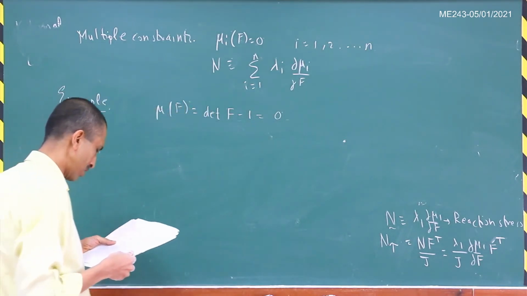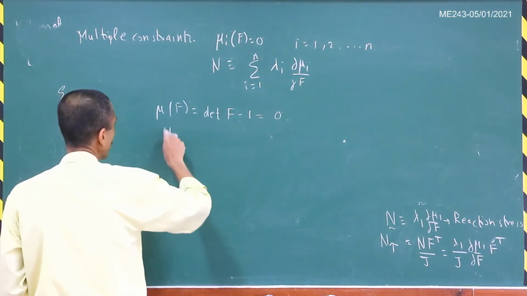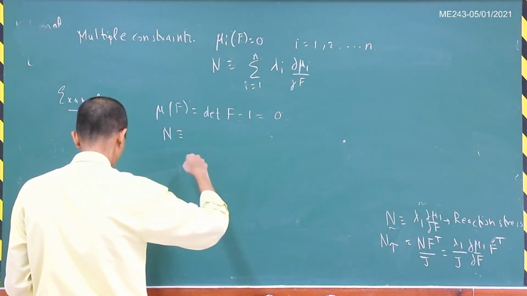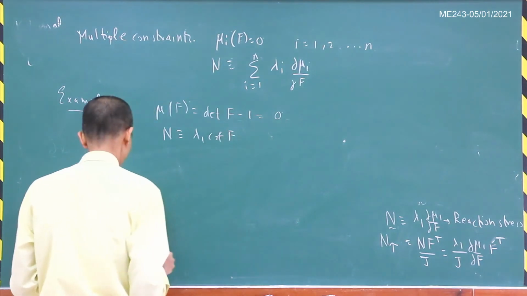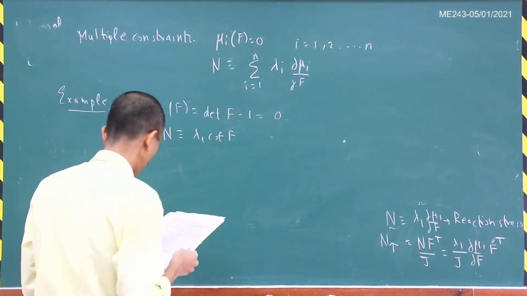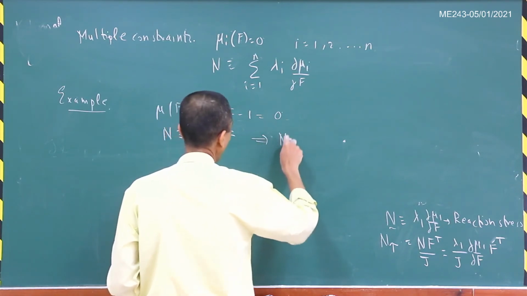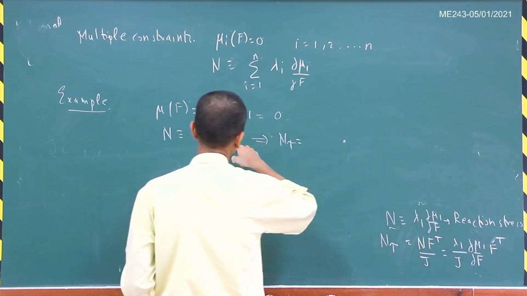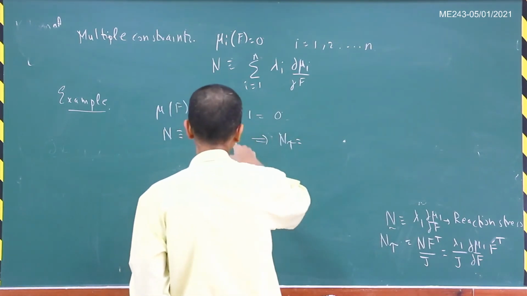So from this, if you now differentiate this, you will get that the reaction stress will be equal to lambda 1 times cofactor of F. And then from this, you will get that n tau, so just multiply this cofactor F by F transpose and divide it by J. But J is equal to 1.